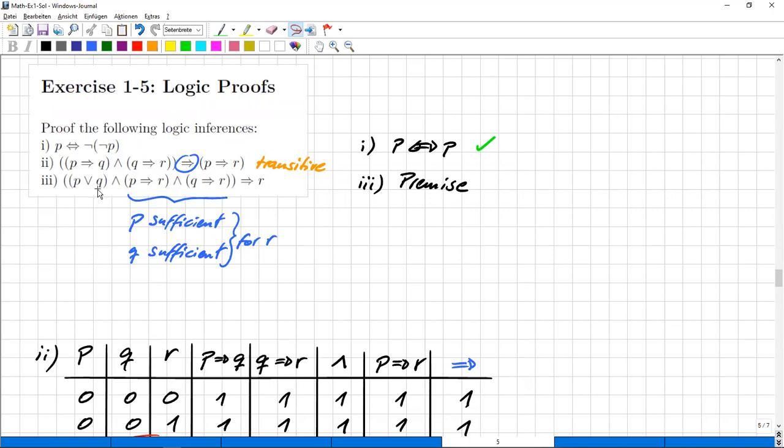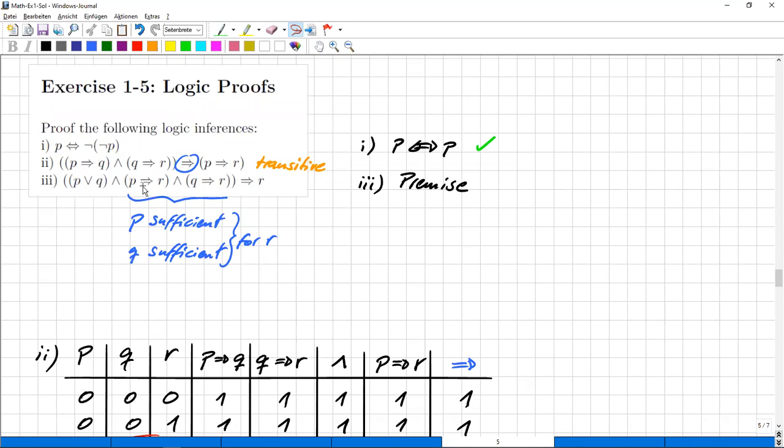And then if we look here, this is an OR, and that means the OR compound is true even if only P or only Q is true. If they're both false, then it gets false, only then.